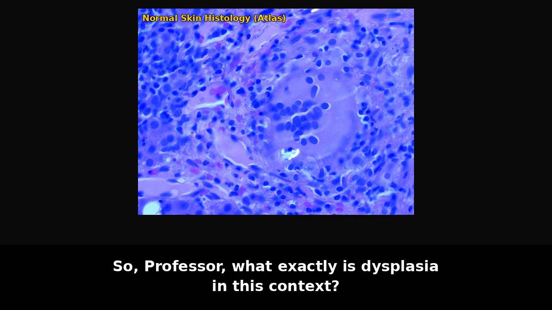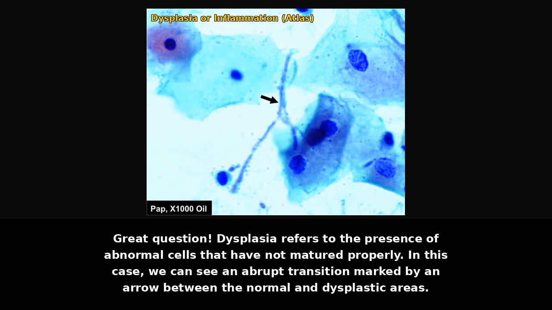So, Professor, what exactly is dysplasia in this context? Great question. Dysplasia refers to the presence of abnormal cells that have not matured properly. In this case, we can see an abrupt transition marked by an arrow between the normal and dysplastic areas.